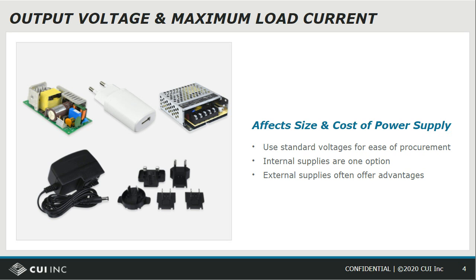Quite often, you may have to select a supply with a very large power delivery capability just to handle the very initial conditions. Changing the maximum power on the supply will affect the thermal design of the supply and many of the electrical protection circuits inside. And so that may affect the size and the selection of the supply. But again, it should apply to both internal and external supplies.